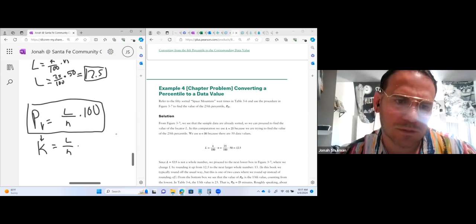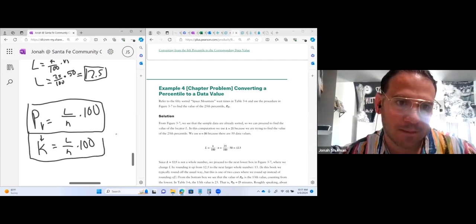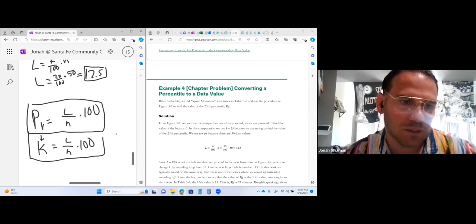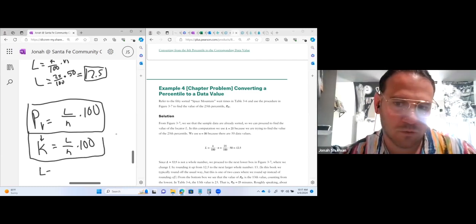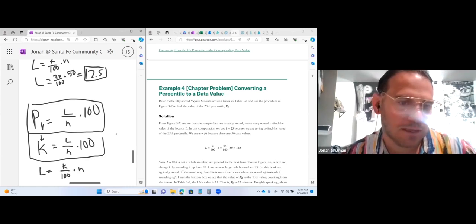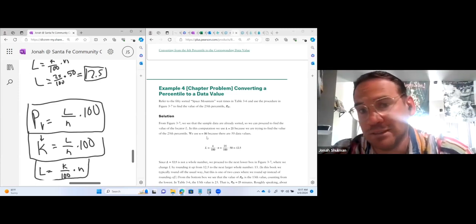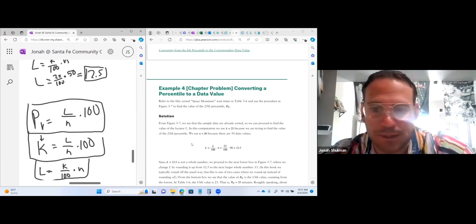It kind of annoys me, but you can use this formula or use the one above it, which is L equals K over 100 times N. Why give you two formulas mixed up for the same reason? I have no idea, but that's okay.